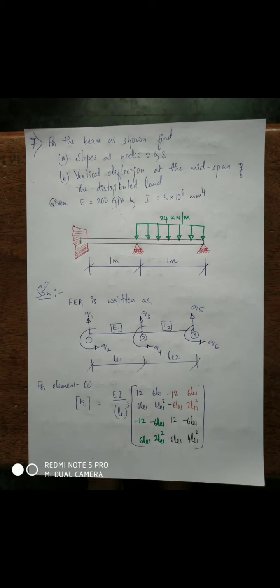Nodes 1 and 2 are joined together to get first element E1. Nodes 2 and 3 are joined together to get the element E2. LE1 is the length of element E1 and LE2 is the length of element E2.